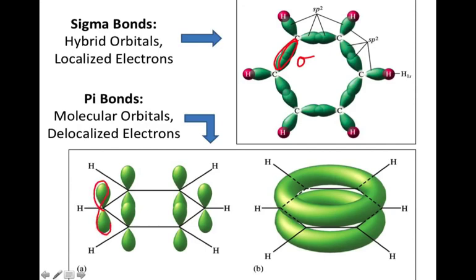Whereas each of these carbon atoms has an unhybridized p orbital, and that p orbital overlaps sideways to form these pi bonds. Based on a non-resonant view, you might have these two back here overlapping, these two here overlapping, and these ones here overlapping.